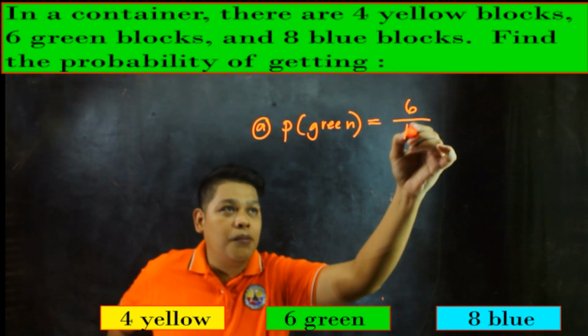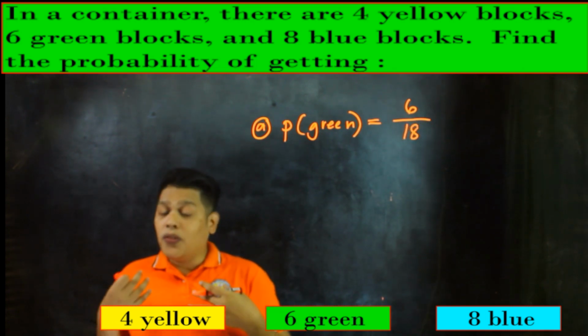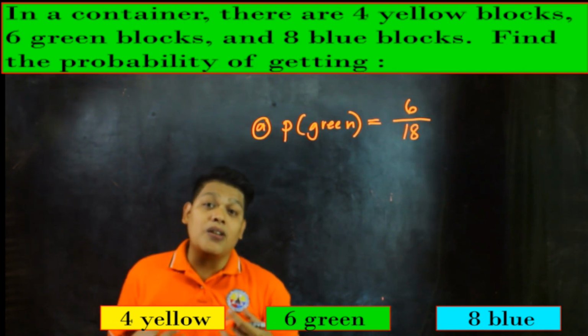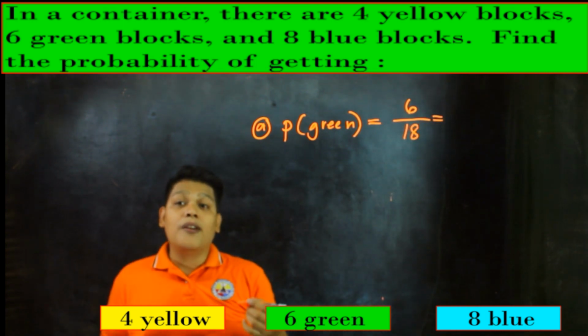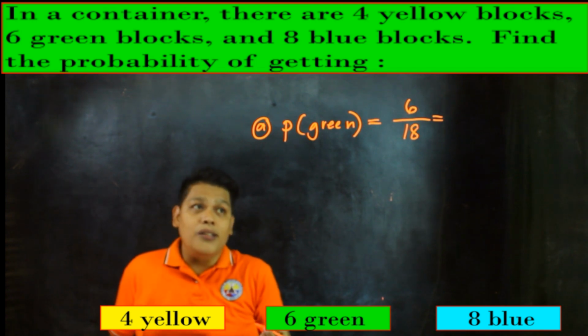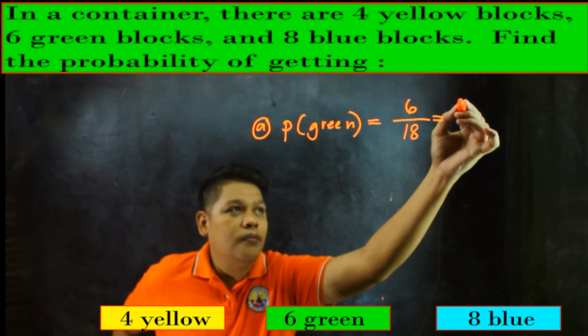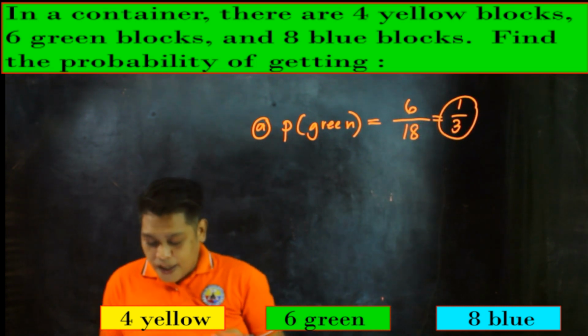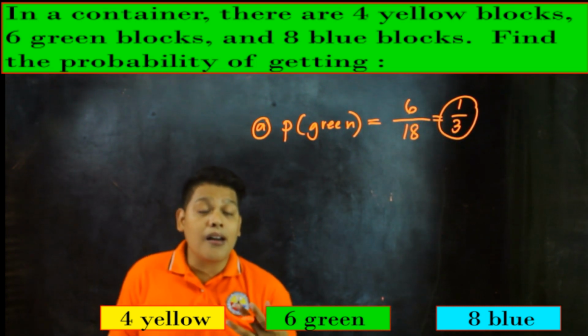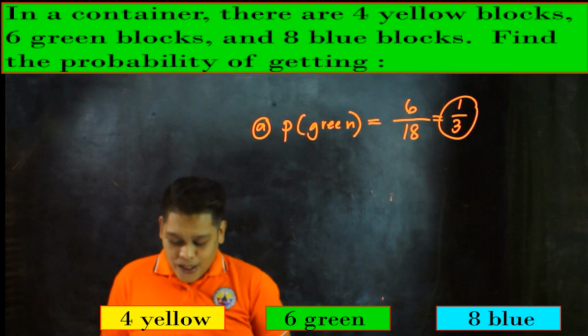We have 18 blocks because 6 plus 4 plus 8 is equivalent to 18. So 6 over 18, in lowest terms, is 1 over 3. So the answer for letter A, the probability of getting a green block, is 1 over 3.